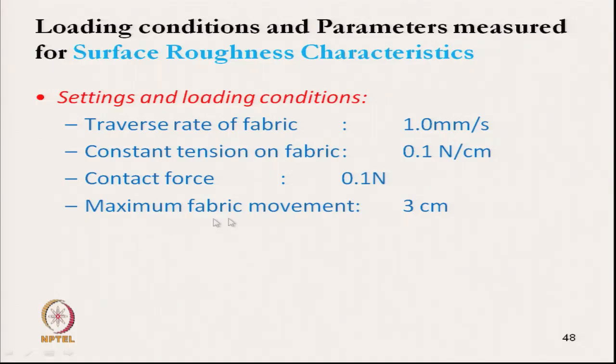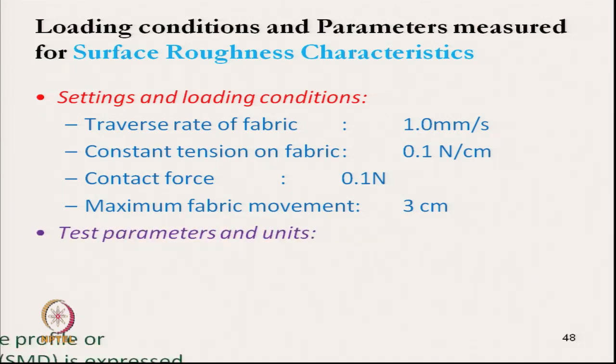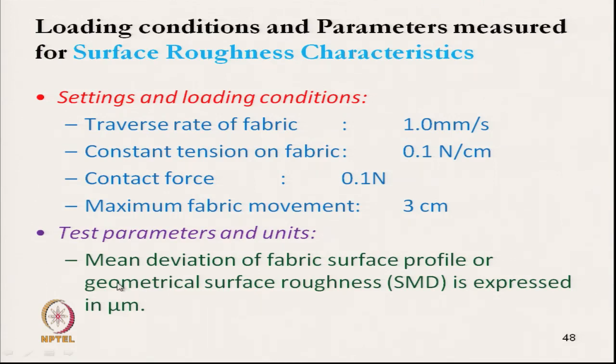The maximum fabric movement is again 3 centimeter, exactly the same as for friction. And for the test parameters and units, we get the mean deviation of fabric surface profile, or geometrical surface roughness SMD, which is expressed in micrometers.